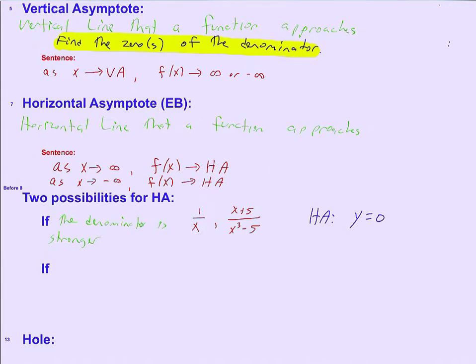Okay. Second possibility, if instead of the denominator being stronger than the numerator, the denominator is the same strength, or, I'm going to say, the same degree, because that's what I mean by strength, the degree of the polynomial.